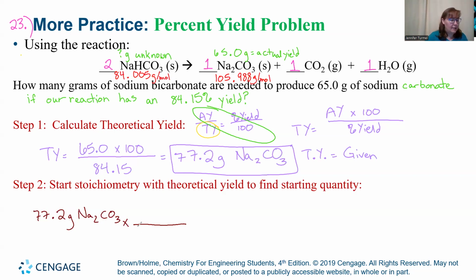And so here I can place my 105.988 grams of Na2CO3 on the bottom for 1 mole Na2CO3. And the next thing that I need here is a mole ratio.